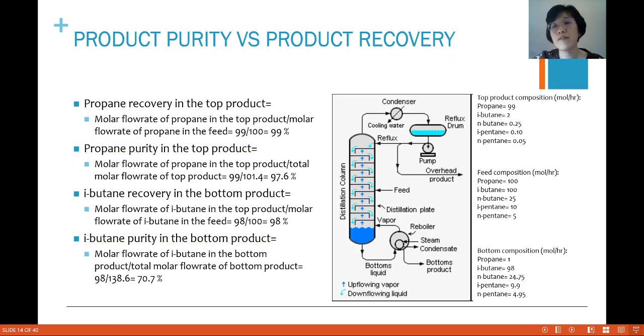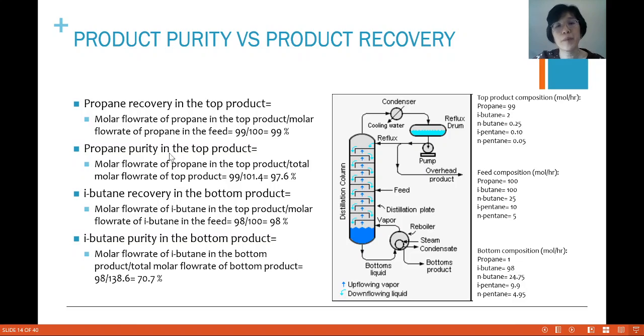The molar flow rate of propane in the top product is 99 mole per hour, while the propane flow rate in the feed is 100 mole per hour. If we substitute the values and calculate accordingly, the product recovery for propane in the top product is 99%.